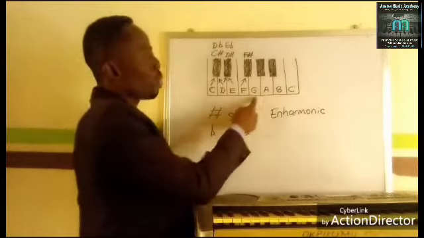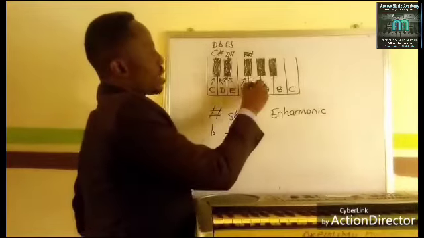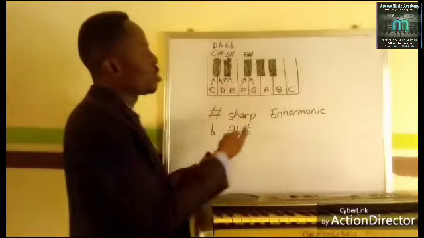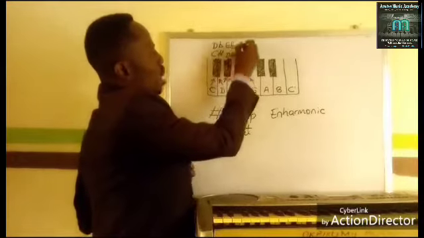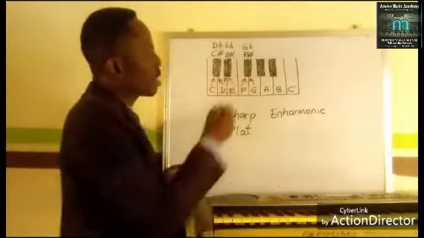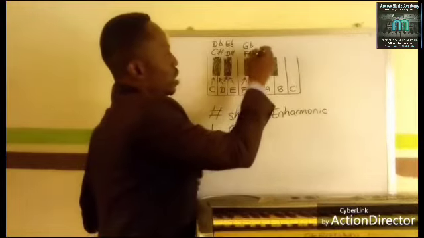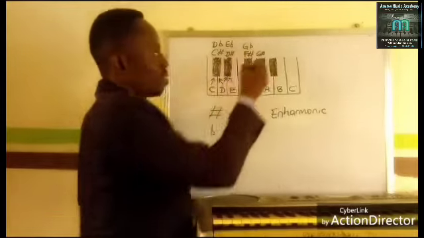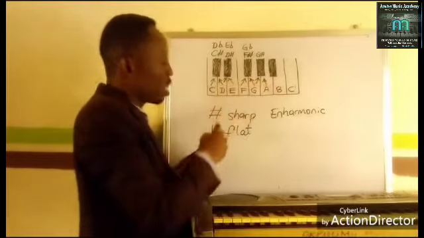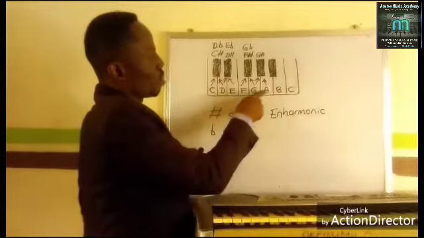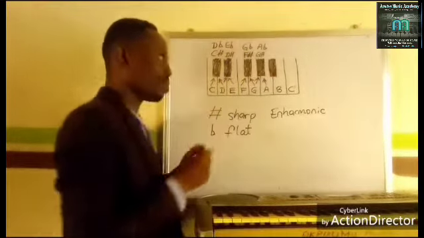Now I could also place a flat on G to reduce it by a semitone. If I place a flat on G, I will fall on this black note, and this note is also known as G flat. If I place a sharp on G, it will land on this black note, which is G sharp. Of course, if I place a flat on A, it will reduce A by a semitone, bringing it here, and that gives us A flat.